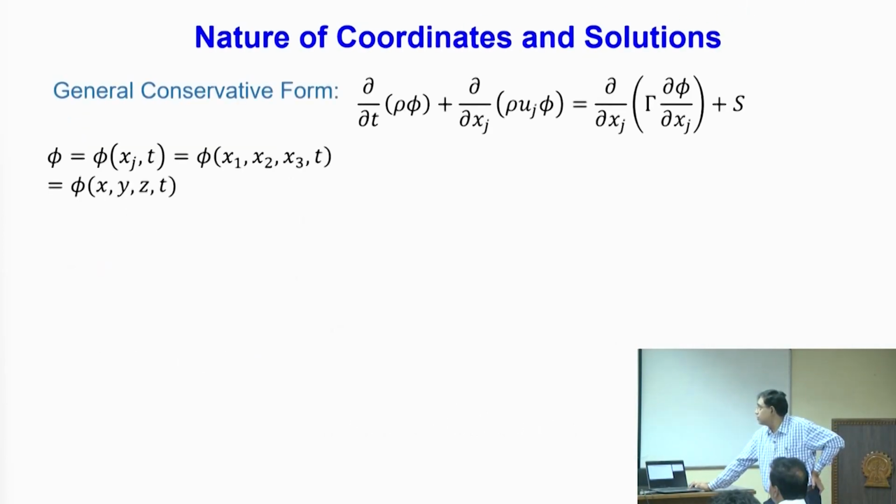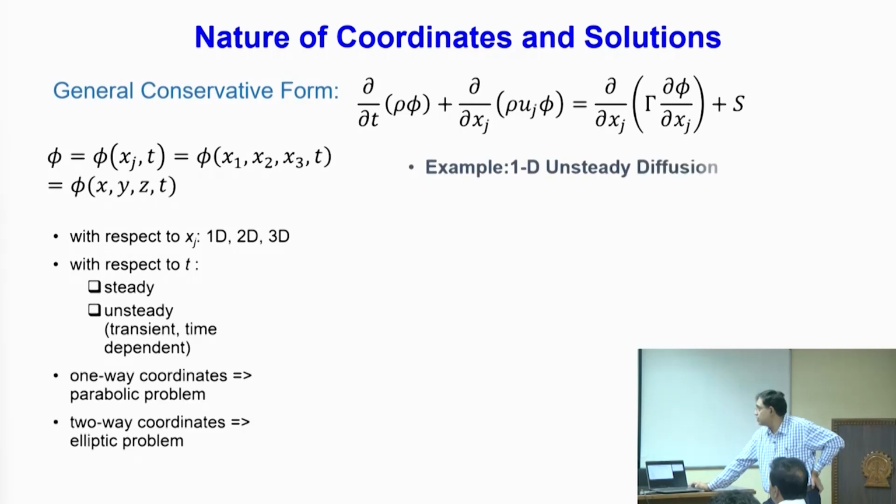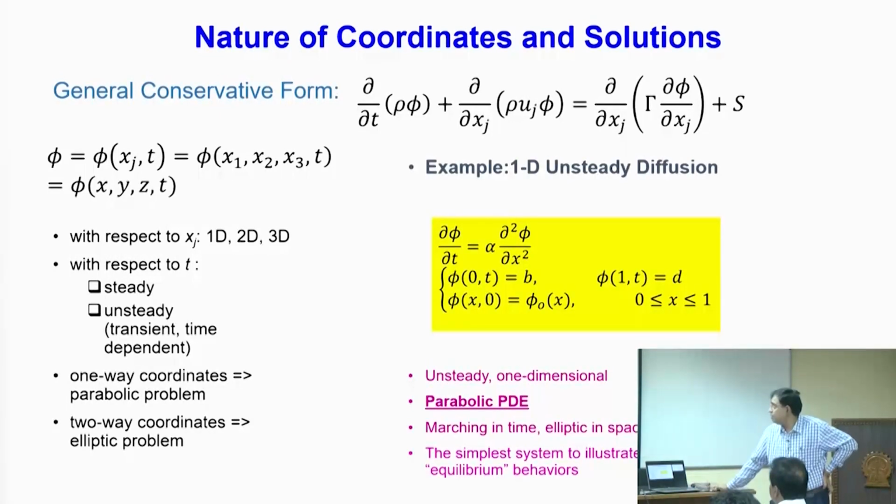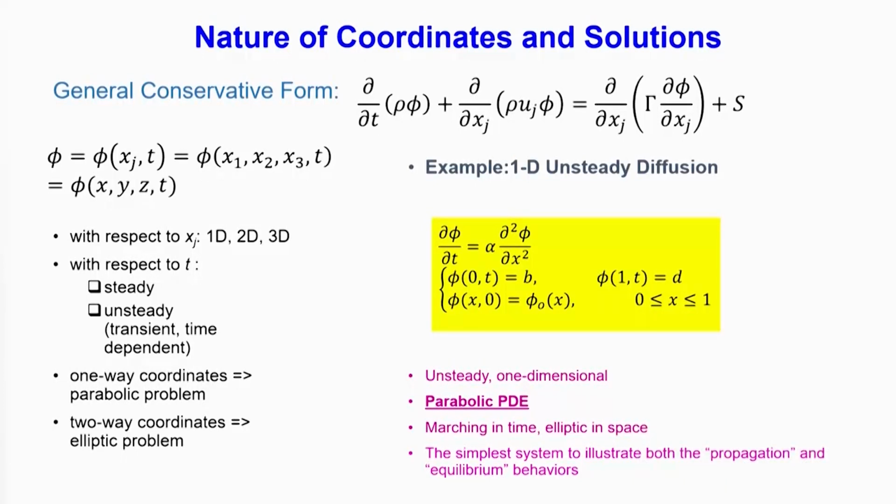Now, when we look for the nature of solutions, I will just start with the conservative form which we touched upon in the previous session. If you see the conservative form, you have a dependent variable which is a function of position and time, no matter whether you use index notation for the coordinates or the standard xyz, whatever it is.